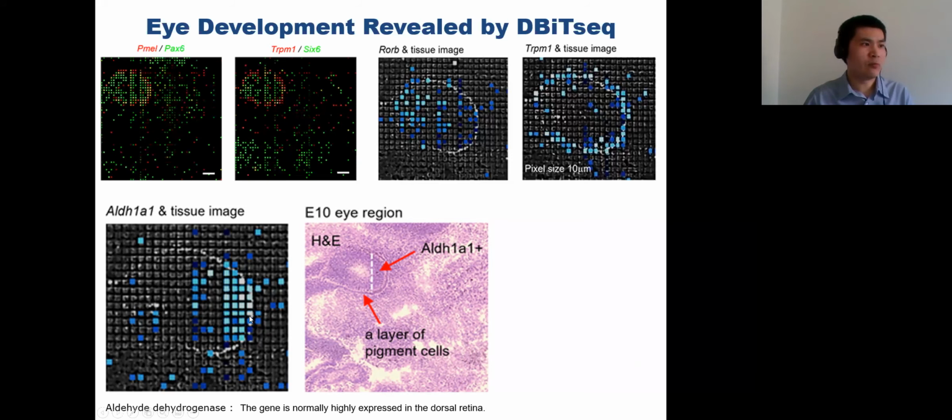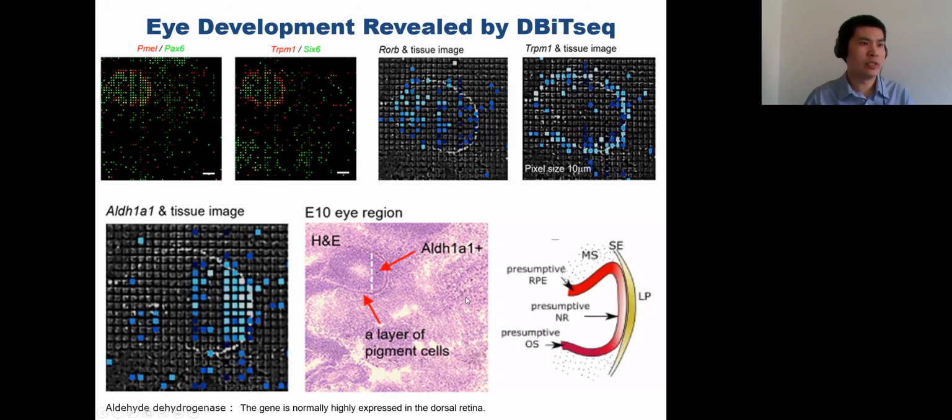We don't know exactly why, but it could be very interesting biology to be studied in the future. This also shows the RPE region, which is the pigment cell region surrounding this area, and this is where we can see the aldehyde dehydrogenase expression.